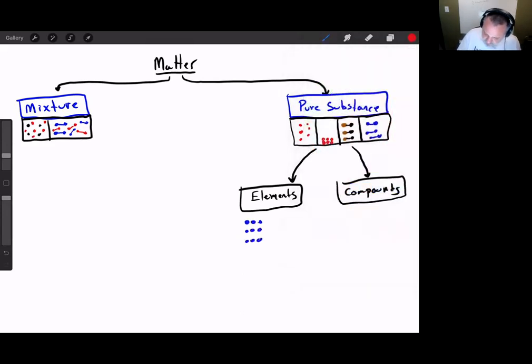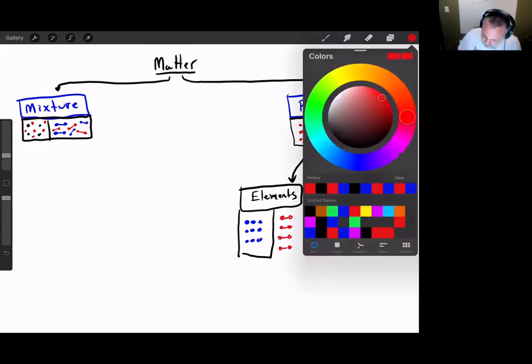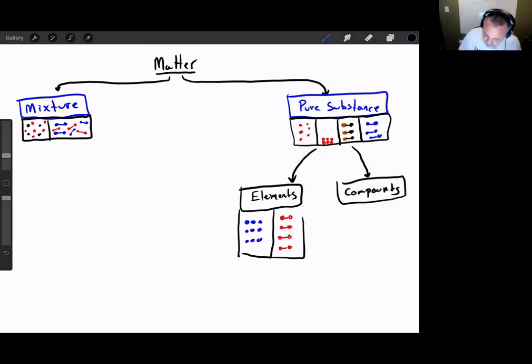Another option would be a collection of red molecules. These are elements because they only have one type of atom. It doesn't matter if they're atoms by themselves or connected with bonds to make molecules. Remember, as long as there's one type, then they are elements.